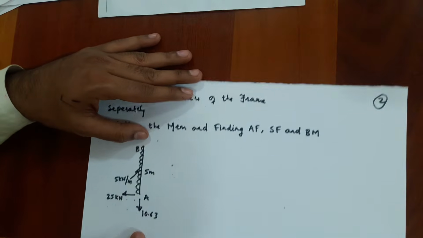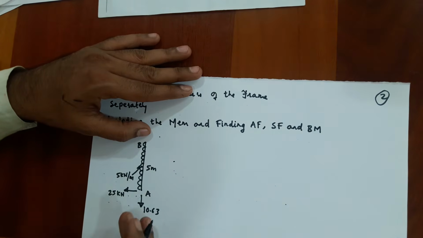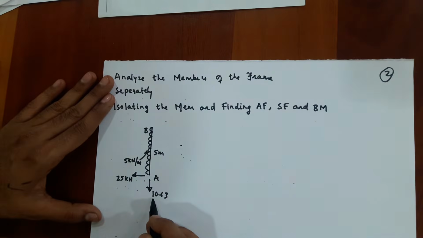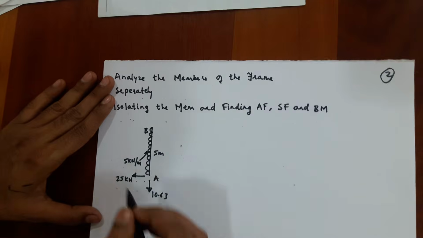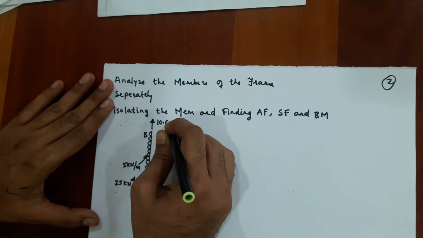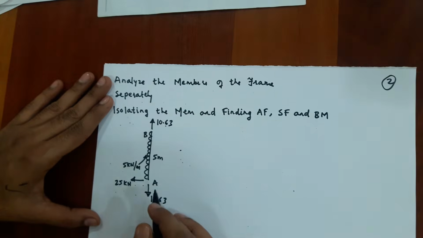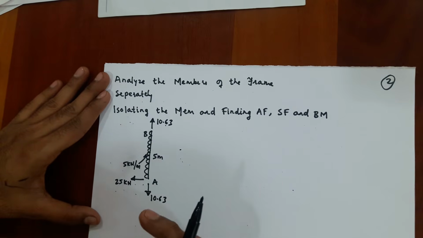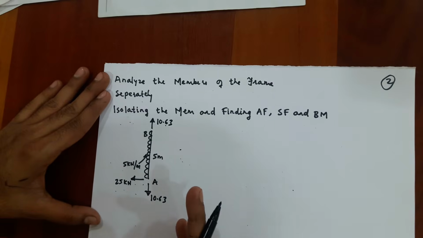So see here, with respect to vertical direction, 10.63 is acting downward, here it should be upward, 10.63, so that summation of Fy is equal to 0, so that equilibrium condition is achieved.